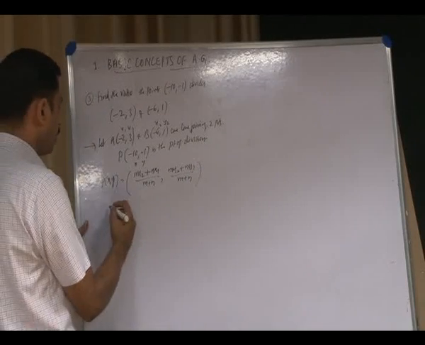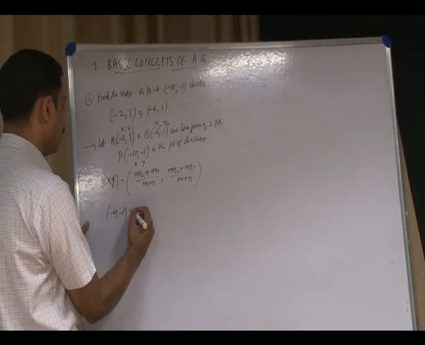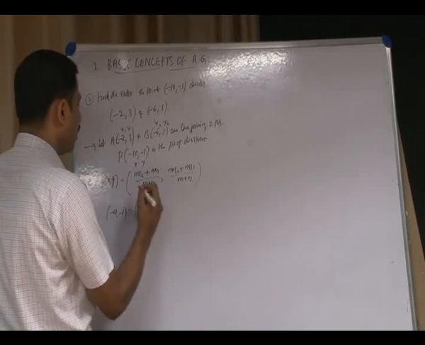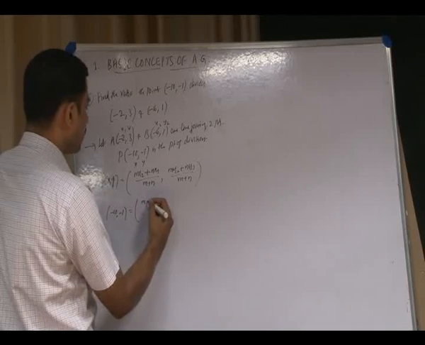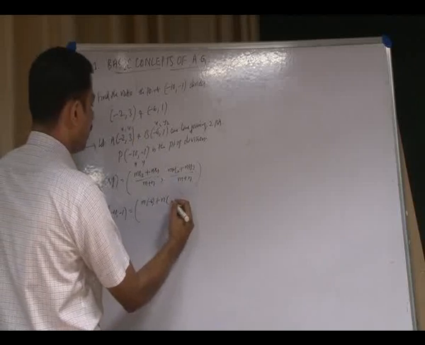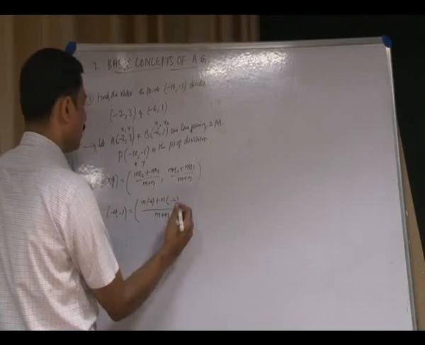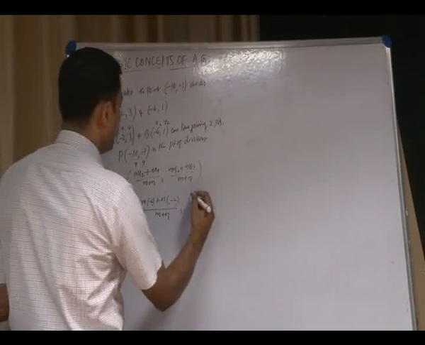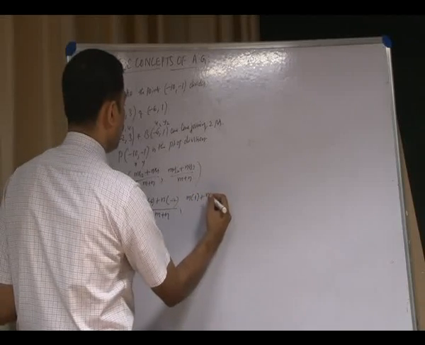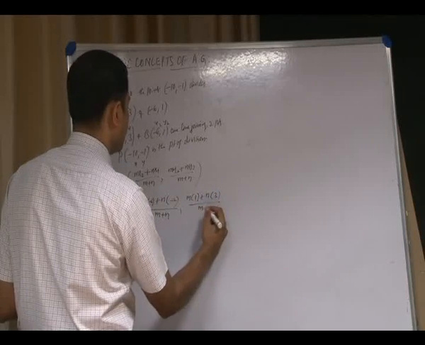So, in this I will substitute the coordinates of point P as minus 10 comma minus 1 is equal to, m value is not given. So, I will write m only, into x2 is minus 6 plus n into x1 is minus 2 divided by m plus n, m into y2 is 1 plus n y1, y1 is 3 divided by m plus n.